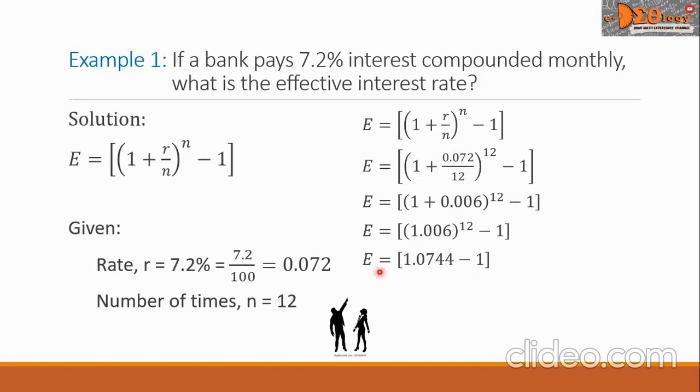Our effective interest rate is 0.0744. Let us convert this decimal into percent. We will multiply this by 100%. So we will get this value 7.44%. This is our final answer.